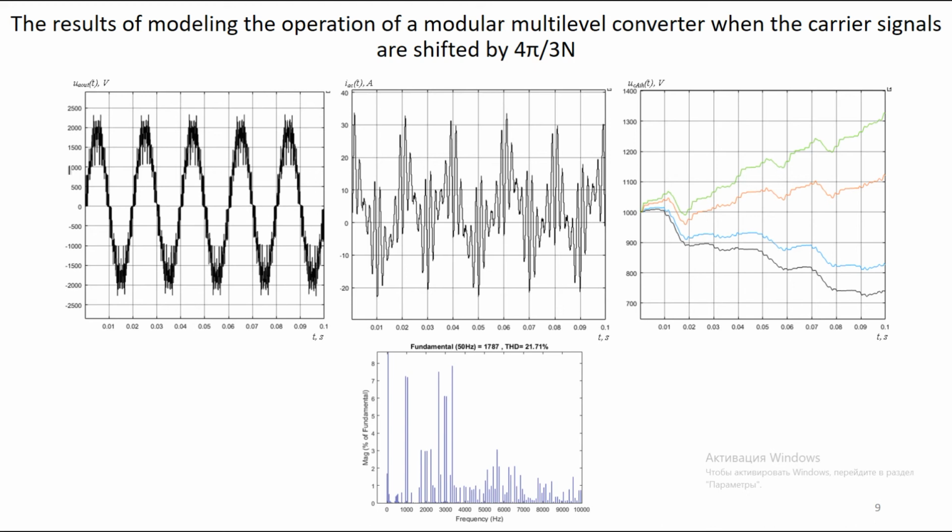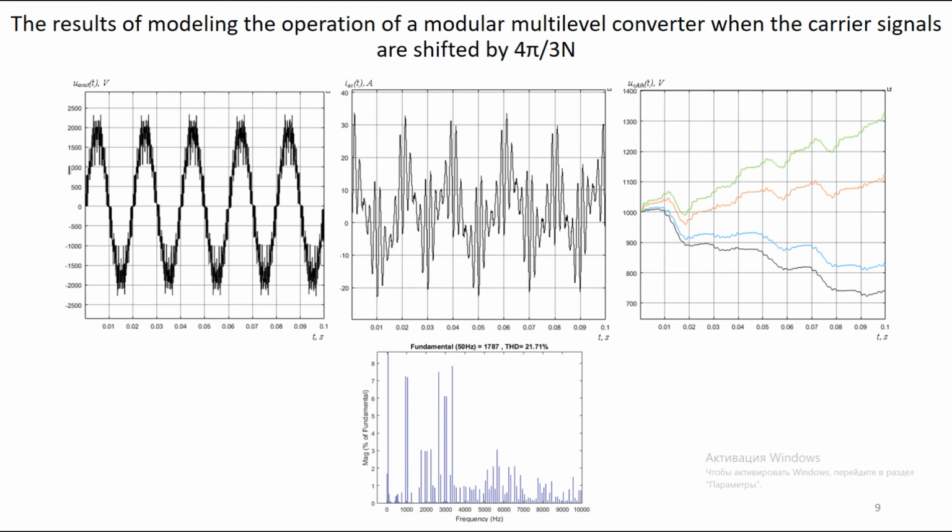The presence of individual discrete voltage levels is almost invisible. The nature of pulsation of the circulating current corresponded to the previous case, but the current values increased significantly to the level of 19.52 amperes.